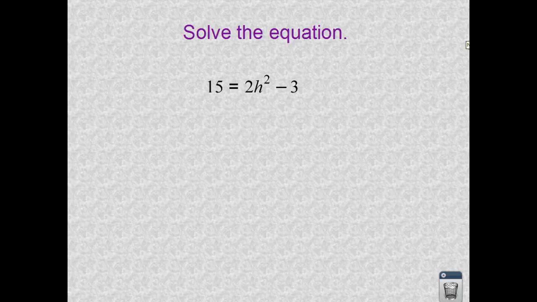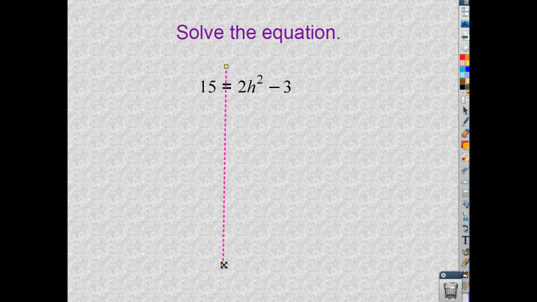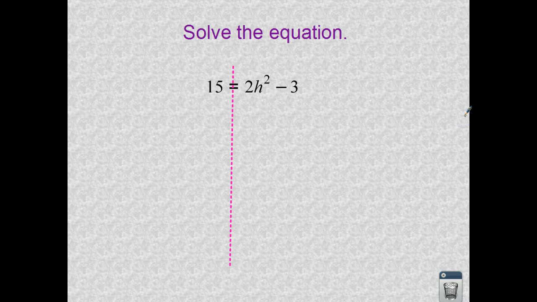All right, last one. Now I've got what looks like a two-step equation with the possibility of a third step in that exponent of 2. All right, so we draw the wall as always. Draw the wall right down the equal sign, and think about who you're going to get rid of first. You've got this product of a 2 coefficient, and you've got this subtraction of a 3.